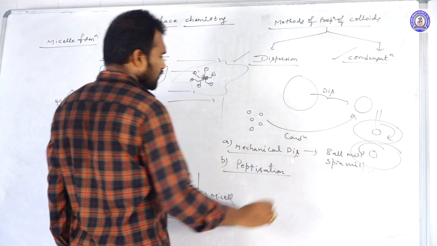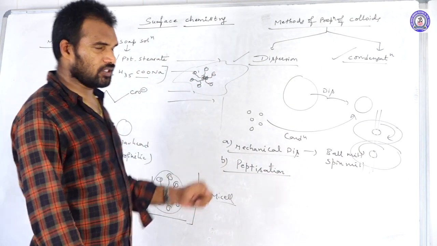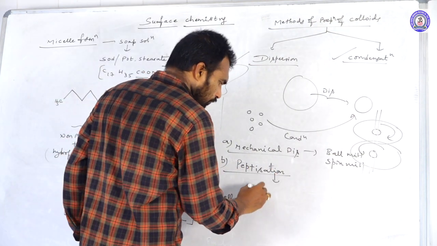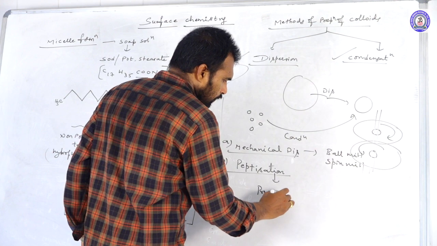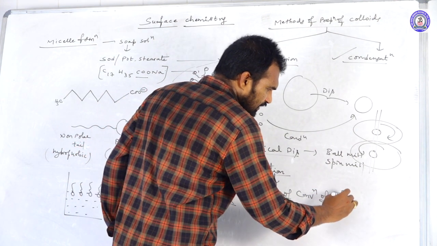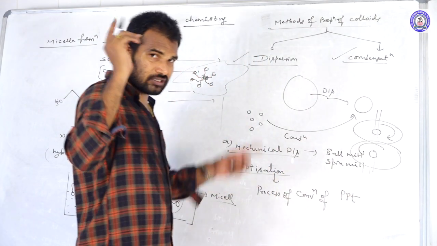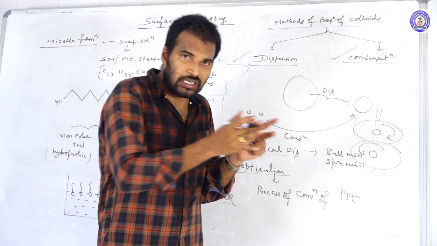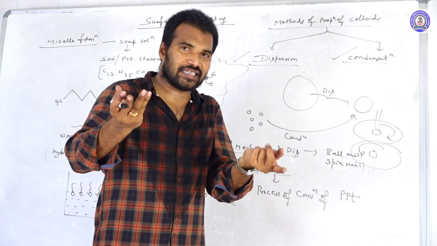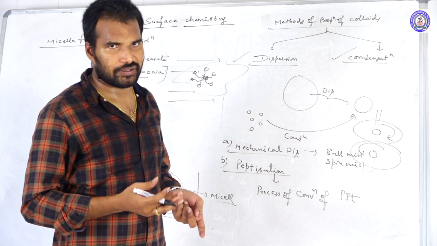Yes, what is peptization? First of all, you should know what peptization is. Peptization is nothing but the process of conversion of precipitates. As we know, in the starting of colloids, we discussed crystalloids, colloids, precipitates. Precipitates have larger size, more than 1000 nanometers.